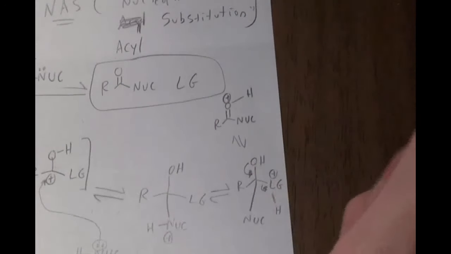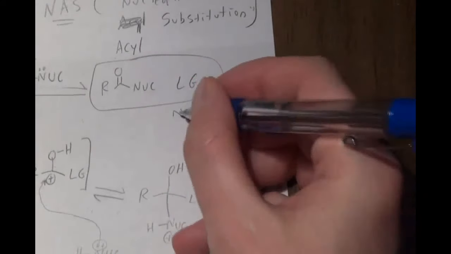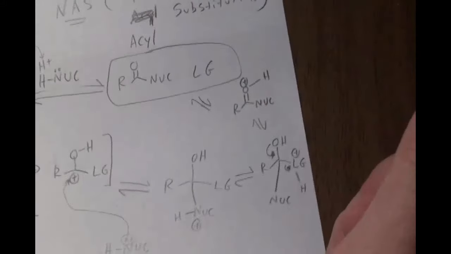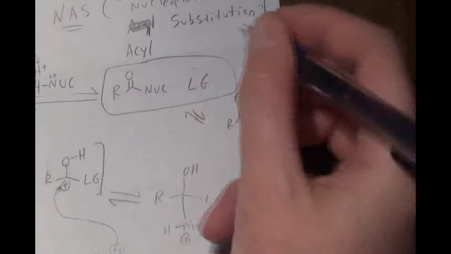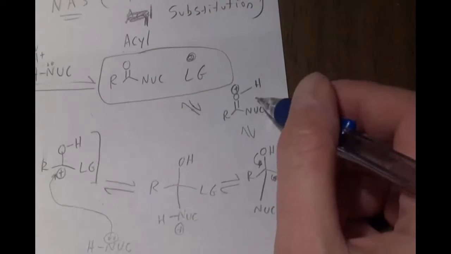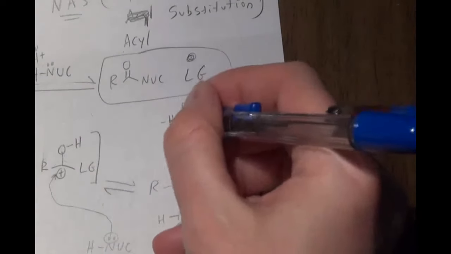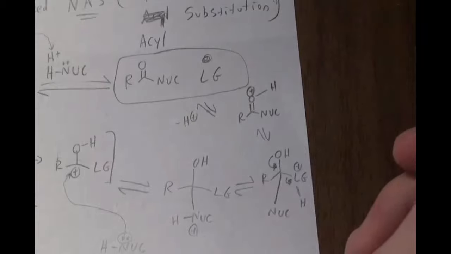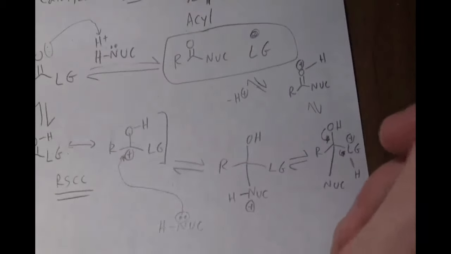Essentially the product. And then the leaving group, that's fine, whatever. Okay, and then loss of a proton, minus H plus. And there we go. So this is kind of a general idea of what the mechanism is going to look like.